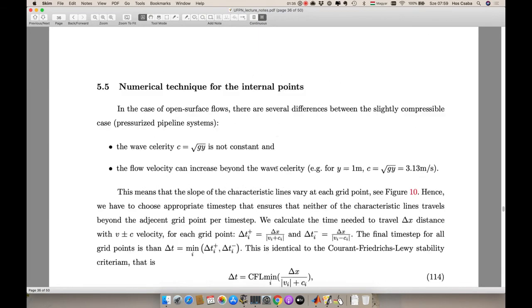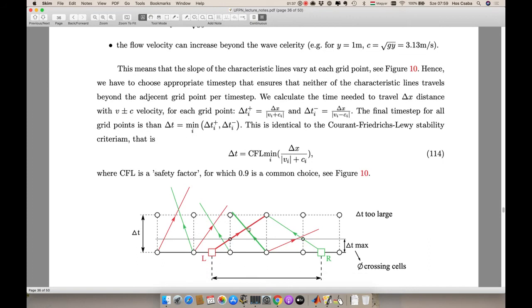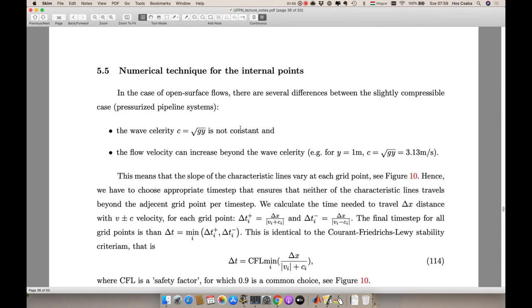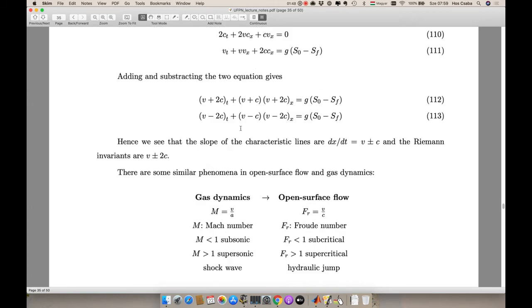now the characteristic lines are changing, the slope of them. Why is it so? Because the slope of the characteristic lines is v plus or minus c. So this term here.